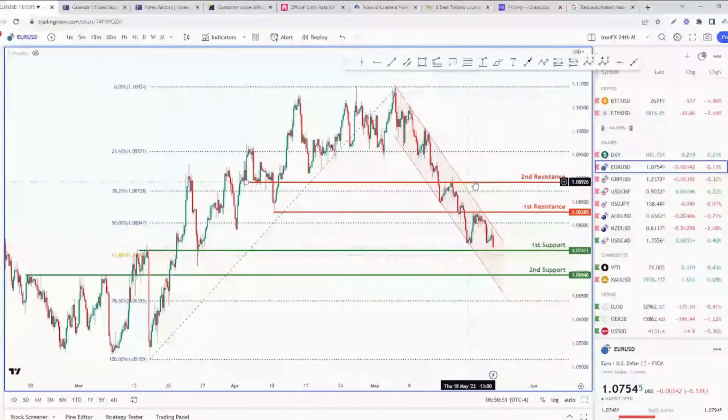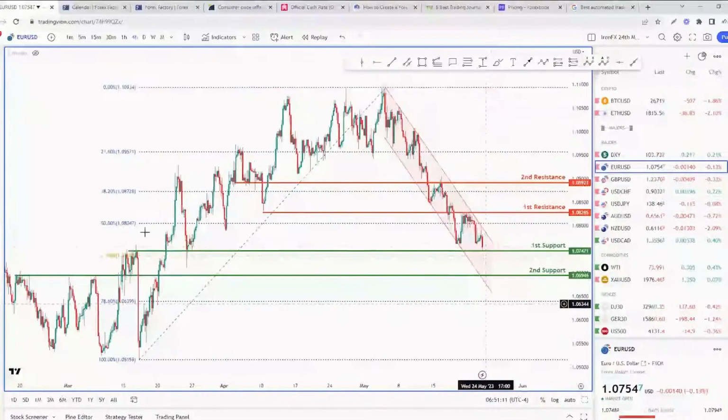Although it didn't act as a very good support area, in the end it ended up acting as a fairly decent resistance area as well. So you can see the benefits of how overlapping horizontal levels can potentially act as resistance and support levels.